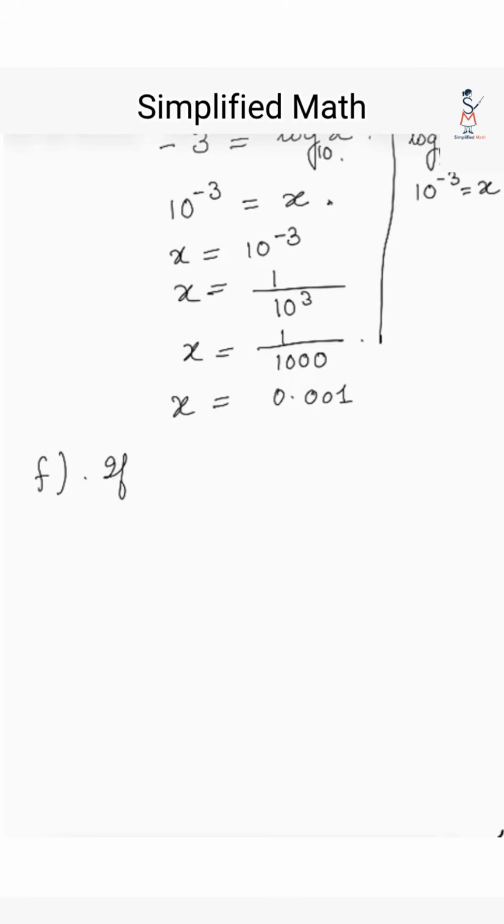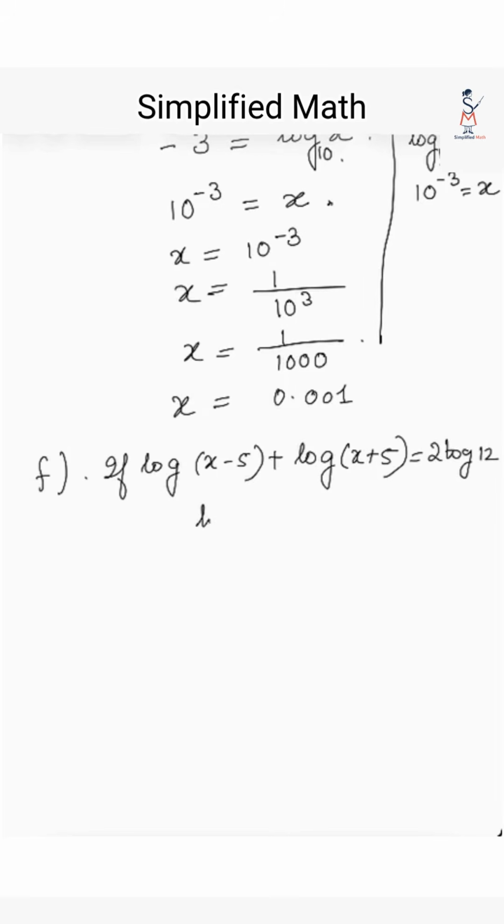Now if log (x minus 5) plus log (x plus 5) is equal to 2 log 12. This is based on the rule that log a plus log b, where the bases are the same, here when the base is not given, it means it's 10.